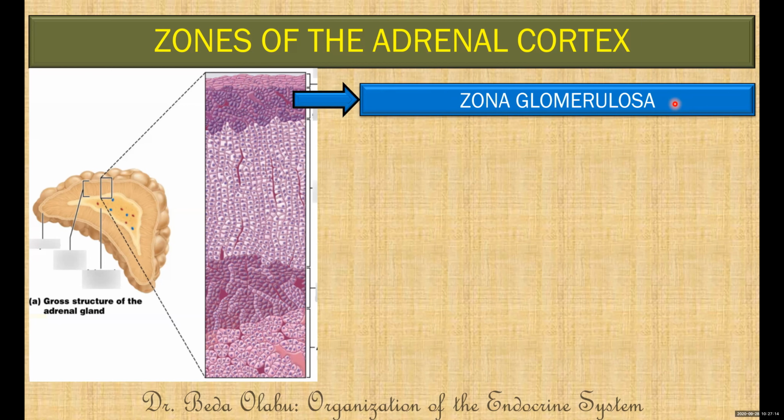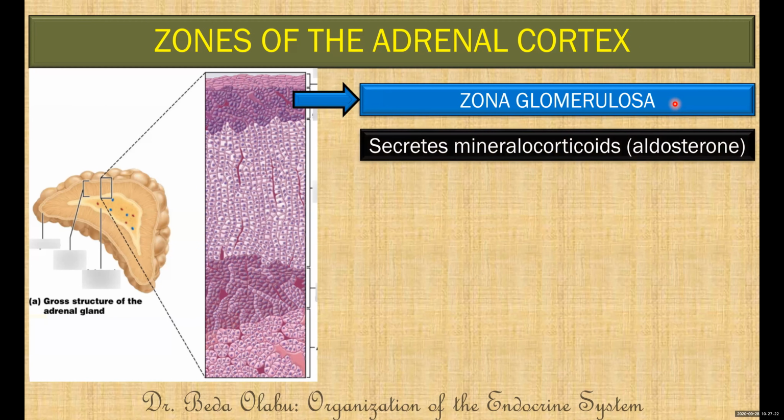So the cells in the first zone, you can call them zona glomerulosa cells. These cells are the ones which secrete mineralocorticoids. These are hormones. They are steroid hormones which affect mineral levels. That's why we call them mineralocorticoids.